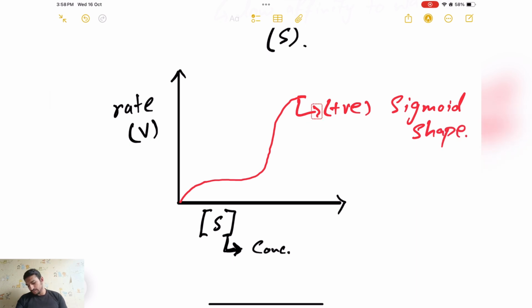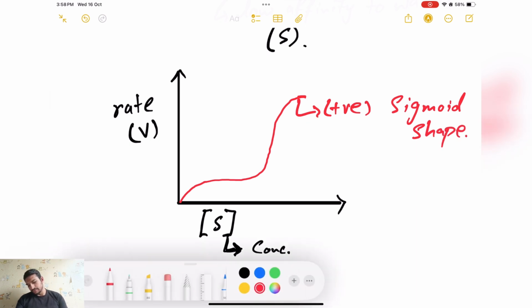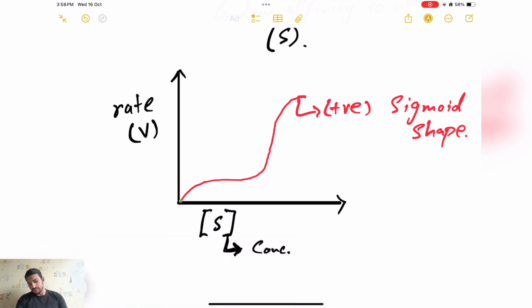And when we go for negative affinity, firstly it increases as some of the substrate gets attached, but after that it decreases because the others do not want to change their shape, or undergo the conformation change. This is the negative cooperativity graph.